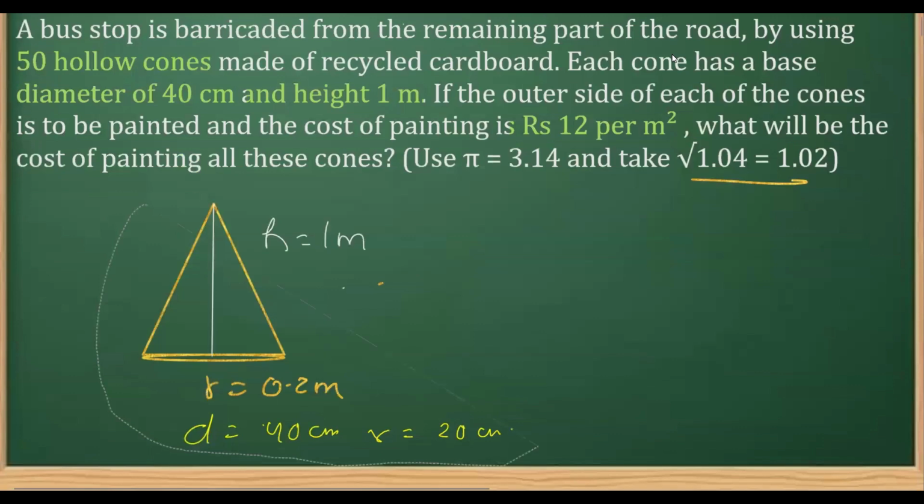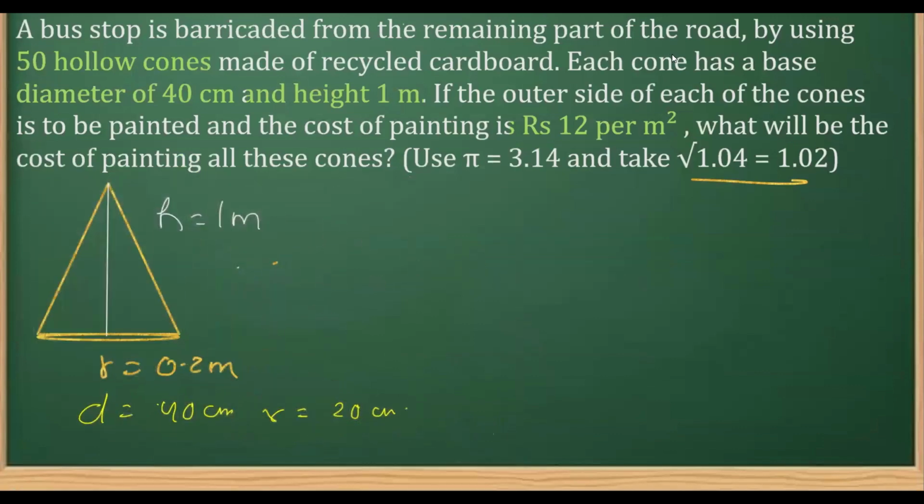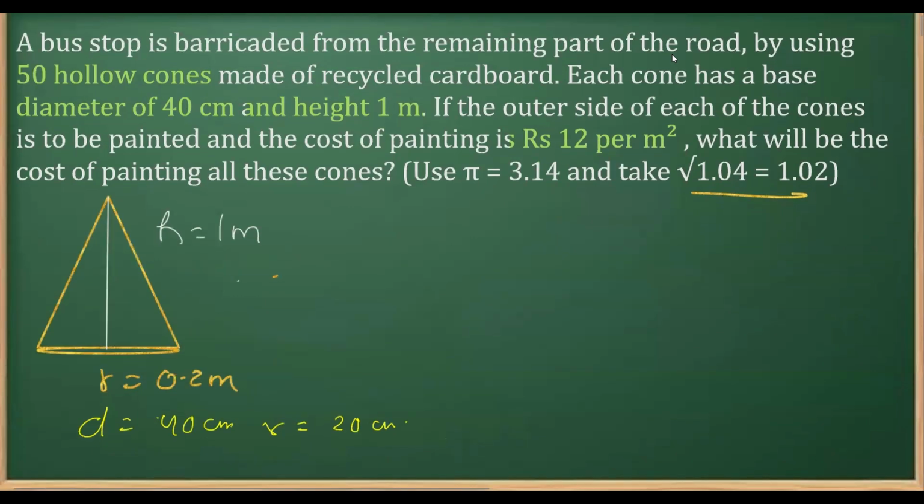And as we said, we are going to find its curved surface area. So we'll be finding its curved surface area using the formula that is pi RL. So let's begin with the working. Now what we know, the curved surface area of cone formula is what? Pi RL. Now check here, we don't know the value of L. So we should get it first.